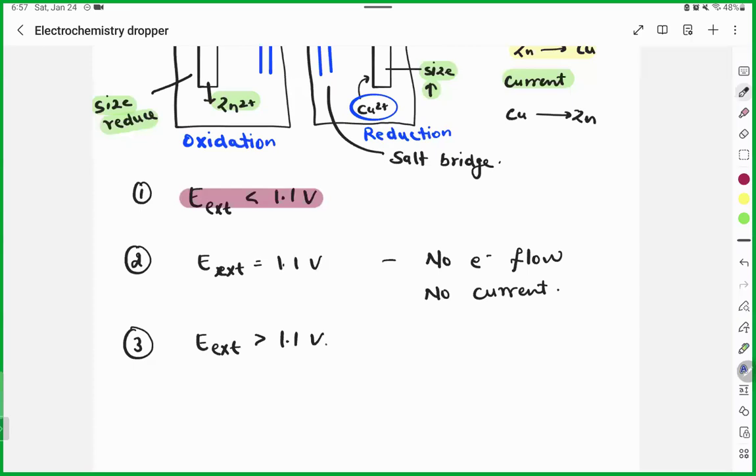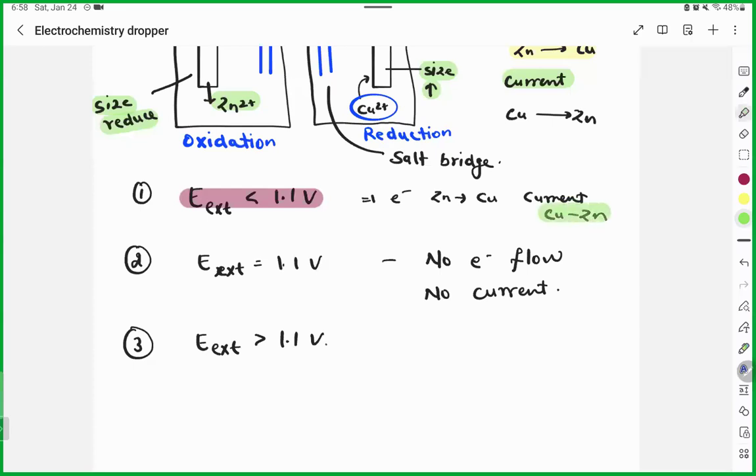It's like a joint family example: if you are strong enough, your enemies who are trying to destroy you cannot harm you. In that situation, electrons move from zinc to copper and current moves from copper to zinc, because the direction of current is always opposite to the movement of the electron.